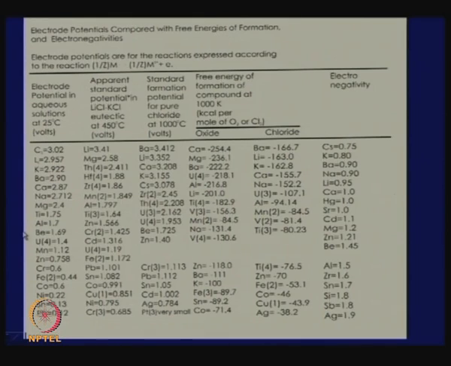Now, I mentioned that an element placed higher compared to hydrogen will liberate hydrogen from an acid. A similar principle operates in the case of elements other than hydrogen. The metal calcium should be able to liberate the metals placed below from their compounds, form more stable compounds and liberate that metal.